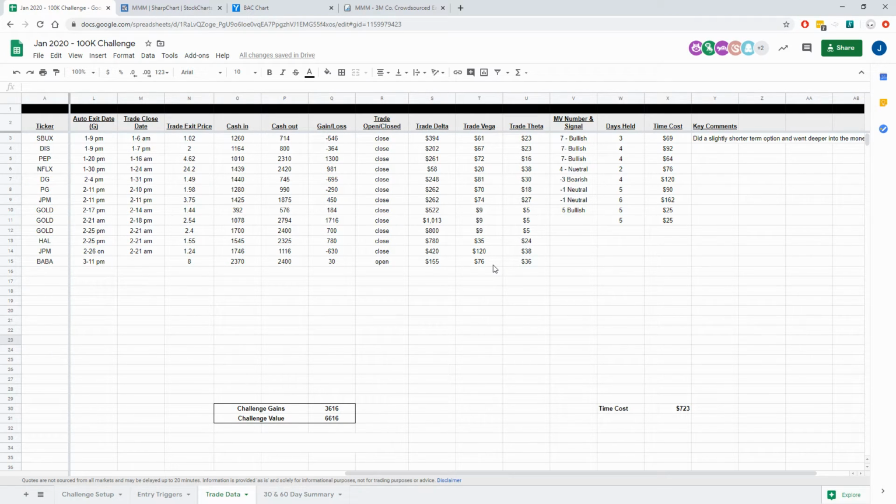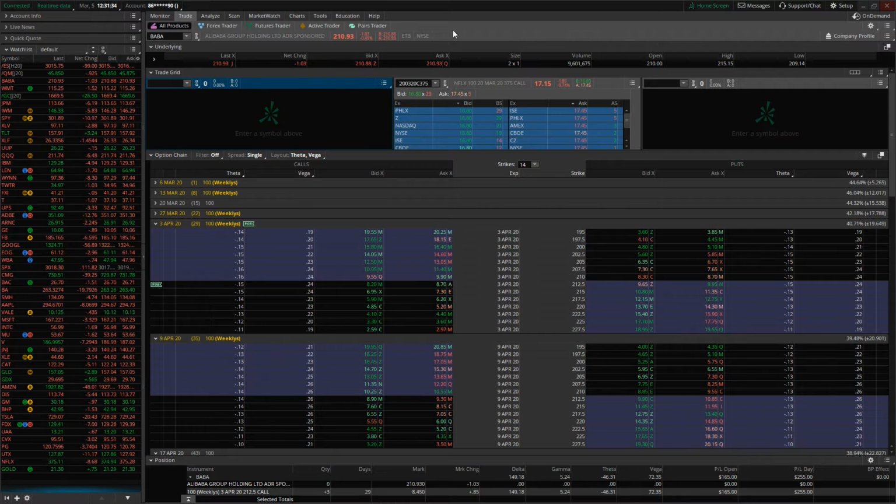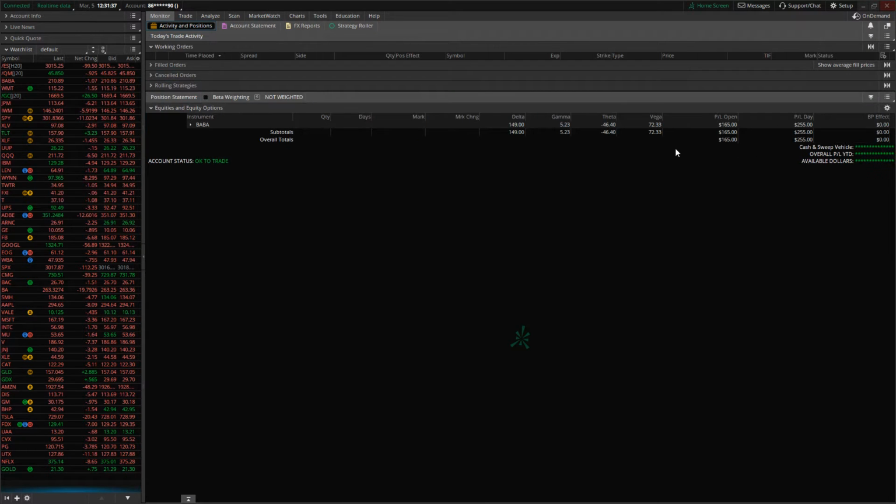That's a big chunk. That's typically not a chunk that I'll jump into a challenge trade knowing that risk is there. But knowing what the market conditions are right now and what's going on, I decided I'm going to go with it. But something's happened today. The trade Vega here on Alibaba has created a situation where the stock is lower, but the option price is up on the day. Now, the exact price has to do with the spread and all of that as well, but you can see we're up $165 on the position since yesterday's entry, and let's face it, I didn't get a good entry price.